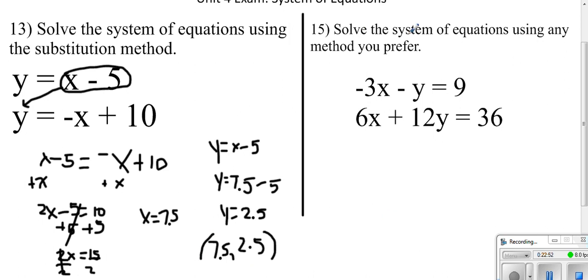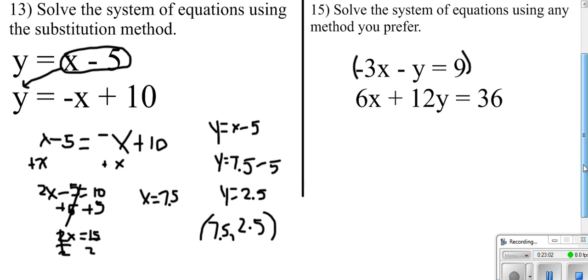Solve the system of equations using any method you prefer. Well, I prefer elimination. So I'm going to go for the x's. All right, you could go for the y's. It doesn't matter. But you can multiply. I want this to be a negative 6. So I'm going to multiply this by 2.